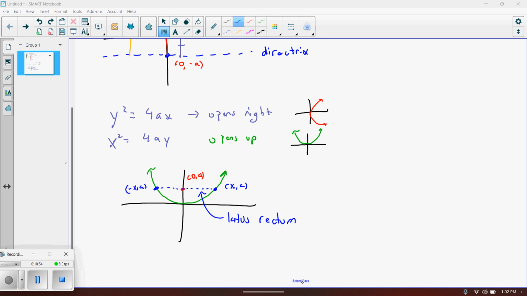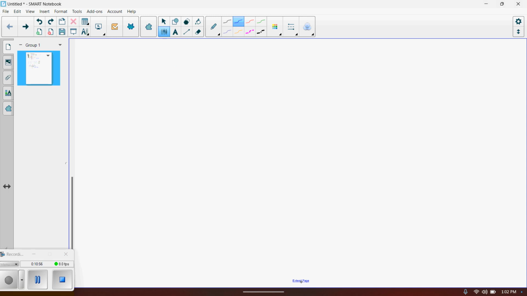All right, so let's look at a real quick example. Basically, what we're going to be asked to do is write the equation of the parabola given some information, and then we're going to graph the equation. So let's see, example 1 here. We're going to find the equation of the parabola given that the vertex is at 0, 0. Eventually we'll do some where it's not.